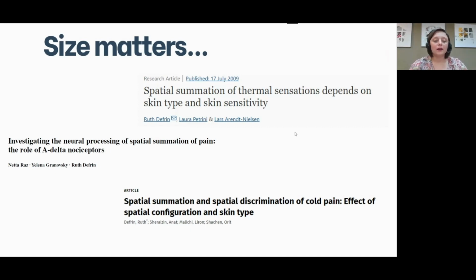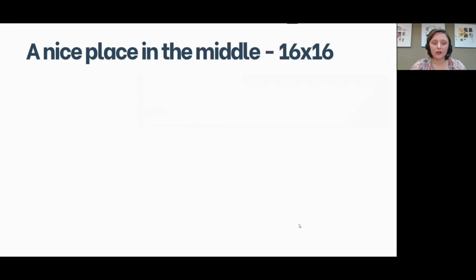And in this paper, they demonstrated that also for heat pain, it is important to use the large and continuous stimulation area, and also for cold pain, because the pain is perceived as much more robust than when you are using a smaller area. So this was the 30 by 30.